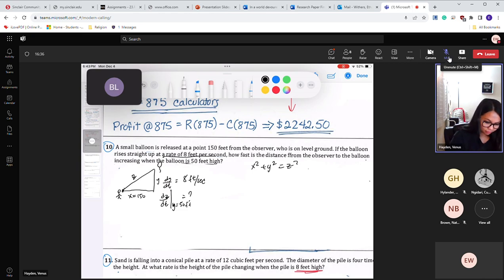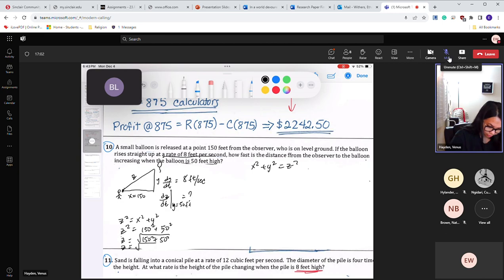We can use the Pythagorean theorem. So z squared is equal to x squared plus y squared. z squared is equal to 150 squared plus the y, which is 50, squared. So z is equal to the radical of 150 squared plus 50 squared.